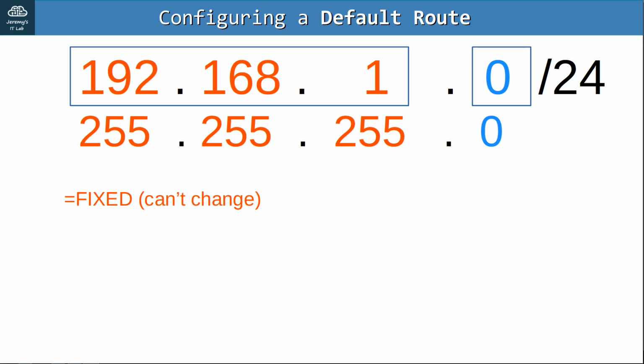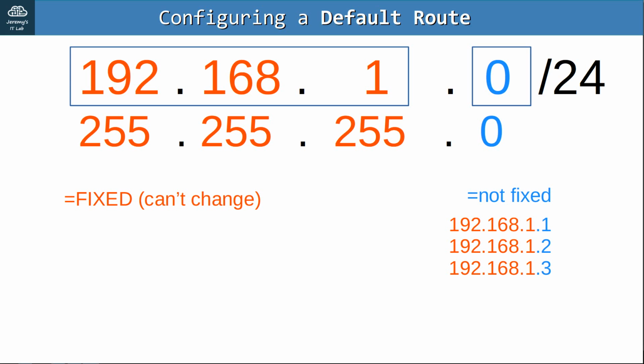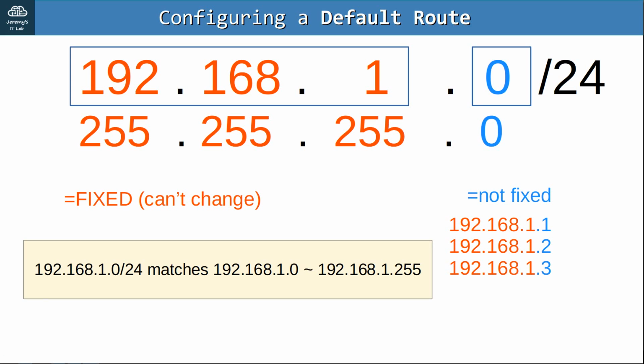However, this part, which isn't covered by the mask, is not fixed. It could be 192.168.1.1, 192.168.1.2, 192.168.1.3, etc. So, 192.168.1.0/24 matches all addresses from 192.168.1.0 through 192.168.1.255.